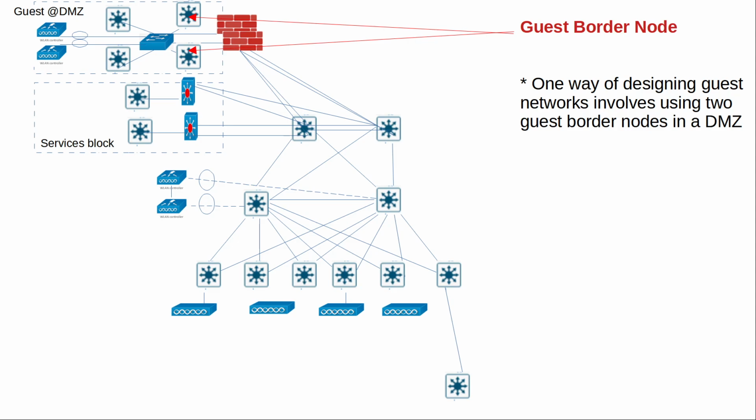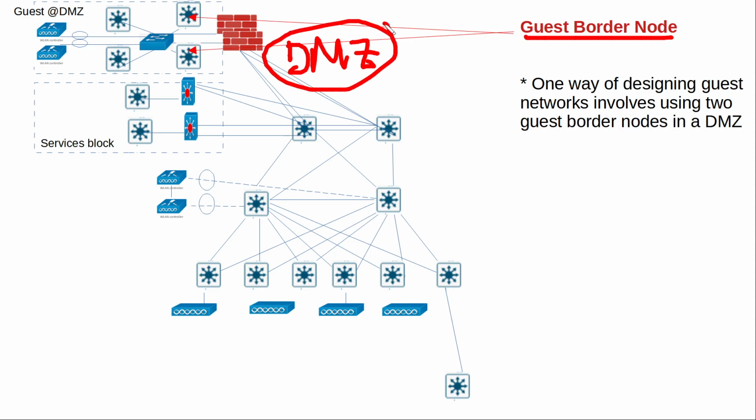There are other types of border nodes that are known as guest border nodes. If you are hosting your guest network in a DMZ, you will need to place two guest border nodes in your DMZ, if your guest design uses a DMZ. There are several ways to design guest networks for your fabric. One way of doing it is using a DMZ. If you are using a DMZ for your guest traffic, then you will need two guest border nodes.